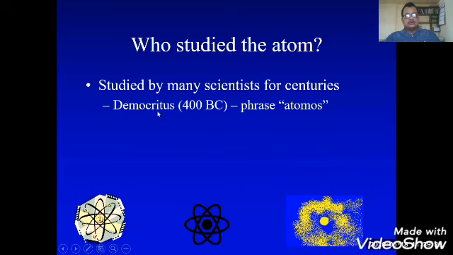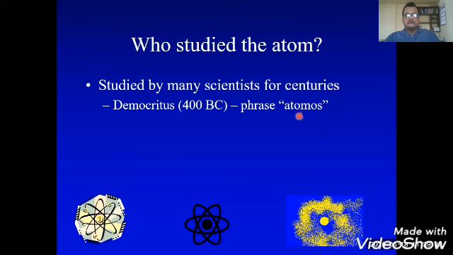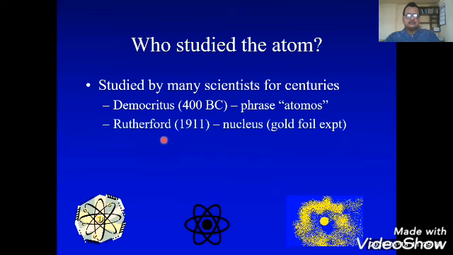The earliest man was Democritus, in 400 BC. He introduced the term atom, which means indivisible. Then Rutherford in 1911, and before Rutherford, electron and proton were discovered, and the credit goes to Sir J.J. Thomson.